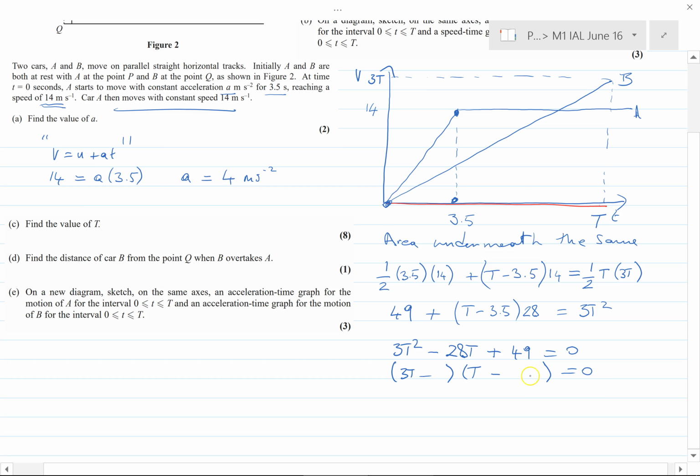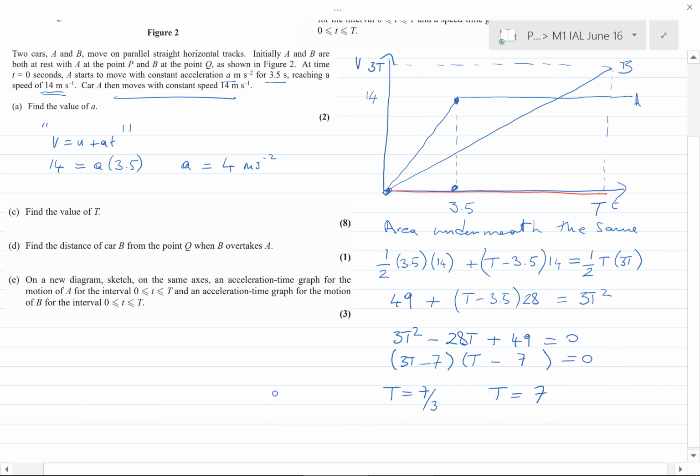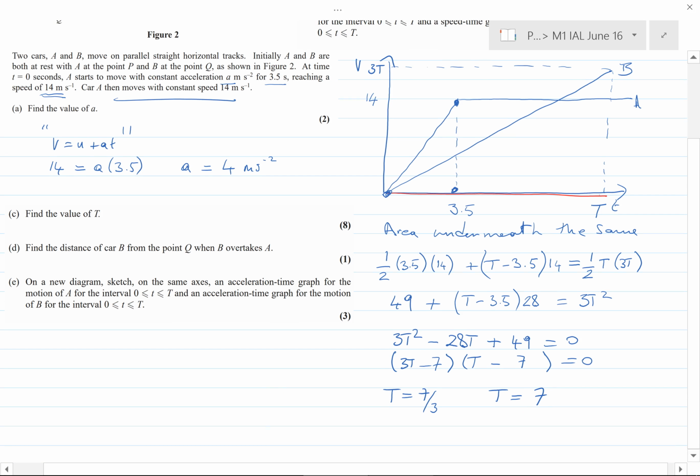Now 49 and 1 just doesn't work out, so it's got to be 7 and 7, and that does work. It gives us two values, t equals 7 over 3 and t equals 7. But we must reject t equals 7 over 3, because we know that t has got to be greater than 3.5. So the answer is t equals 7.